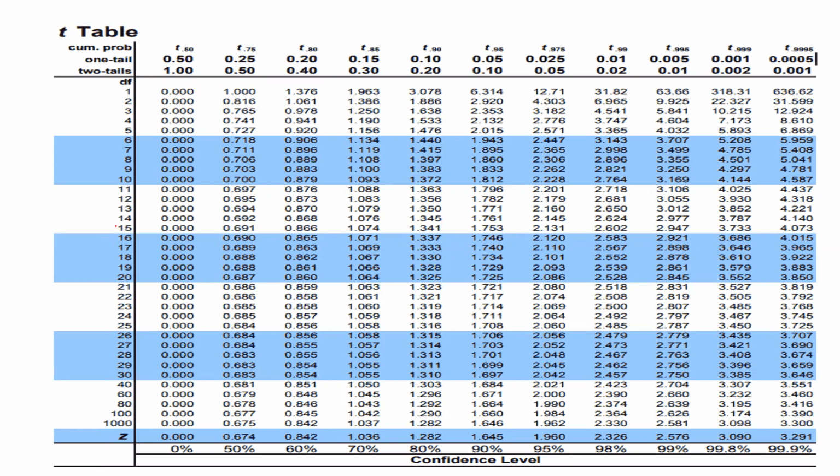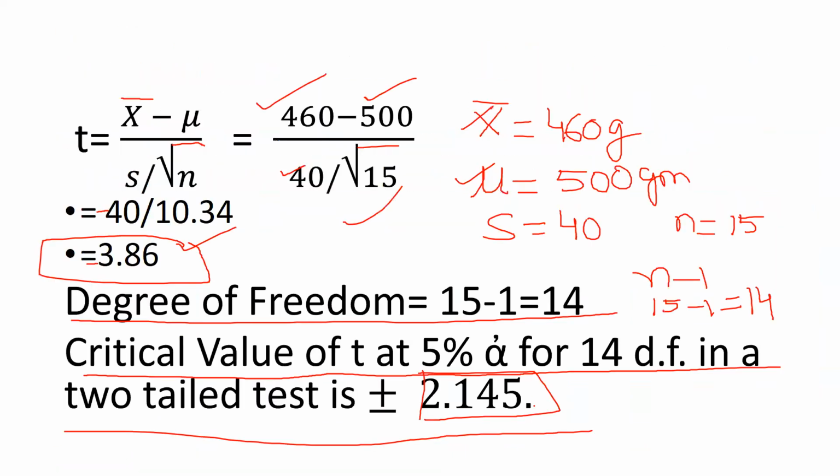The vertical column shows the degrees of freedom, and these are the two tails. This row and this row reflect one tail. Because we have two tails, for 14 at the 5% level, this row is reflecting two tails at 5%. So here is the value of 2.145. The same value we put here, 2.145.